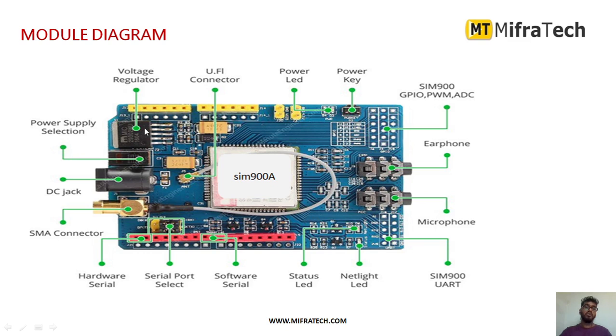There is a voltage regulator, as you can see here, and a U.FL connector. The power LED tells us whether the power supply is connected or not. There is a power key, and the SIM 900A GPIO, PWM or ADC pins are there, and in the center you can see the SIM 900 where you can insert your SIM. So these are the different things present in this SIM 900A GSM module.